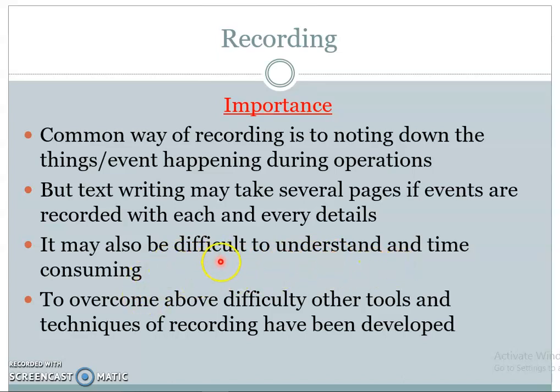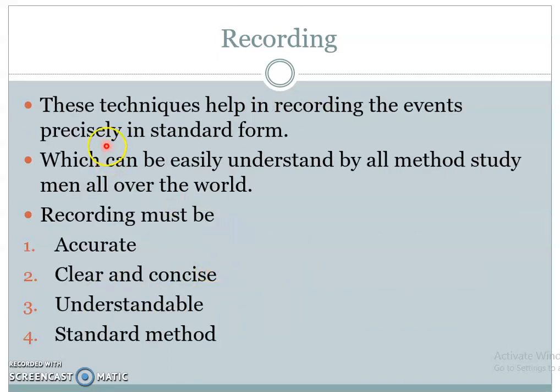To overcome this difficulty, other tools and techniques have been developed for recording the various methods used in manufacturing organizations. These techniques help in recording the events precisely in standard form. For each method in the standard form, a certain set of symbols is used and it describes in detail.